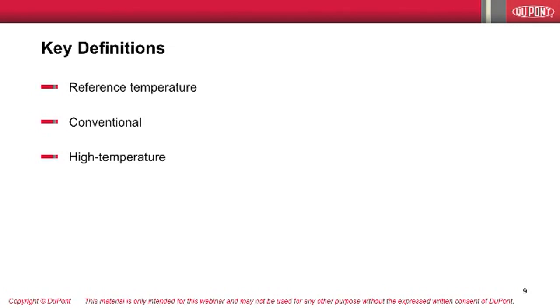The temperature limit for the insulating liquid is defined as 65 degrees C top oil temperature rise. Finally, high temperature is defined. A description applied to temperature rise limits, insulation materials, or insulation systems operating at higher temperatures than conventional.